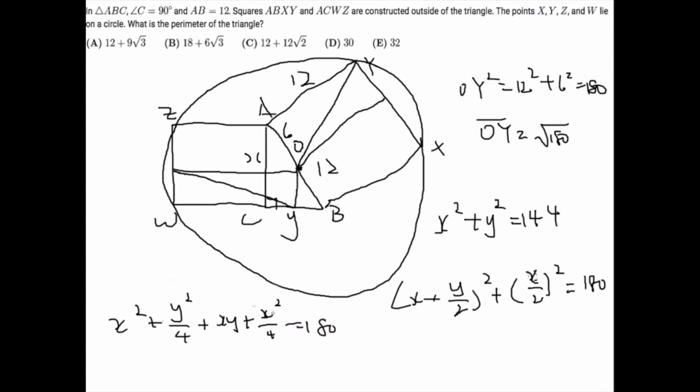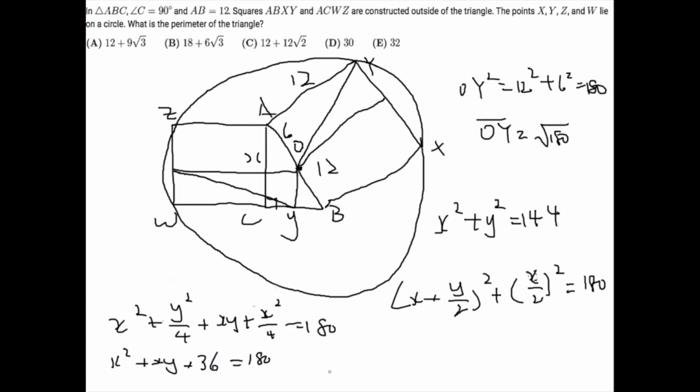We can combine the x squared over 4 and the y squared over 4 since we know what x squared plus y squared is. So we have x squared plus xy plus (x squared plus y squared) over 4, which is going to be 144 over 4. That comes out to, I think, 36, so x squared plus xy plus 36 equals 180.